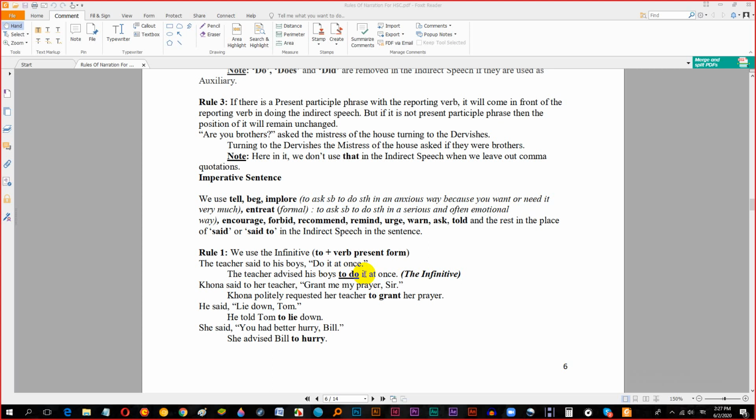Okay, I'm coming to the point again. Now, see, we use the infinitive, that means to plus verb in present form. In rule 1 we find this: the teacher said to his boys, do it at once. The teacher advised his boys to do it at once.